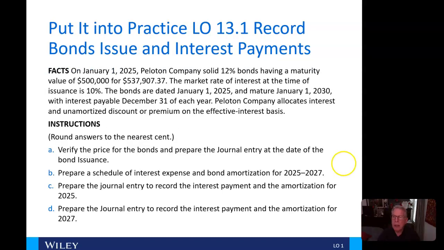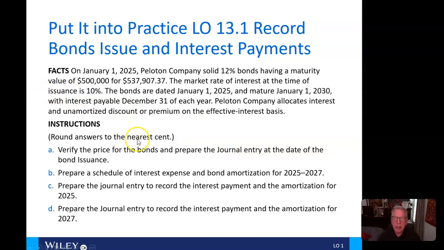Now, here we're going to record the fact that the Peloton company sold 12% bonds having a maturity value of $500,000 for a premium. So it sold it for $537,907.37. The market rate of interest at the time of issuance was 10%.